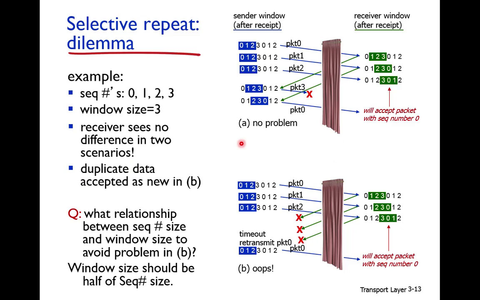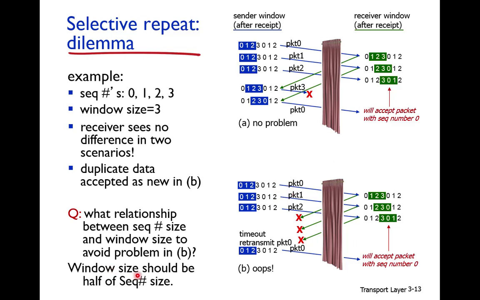So why does this problem happen? This problem happens because the sequence number size should be greater than the window size. So what is the relationship between sequence number size and window size to avoid this problem? This is called the wrap around problem.